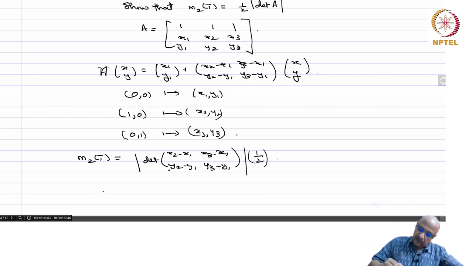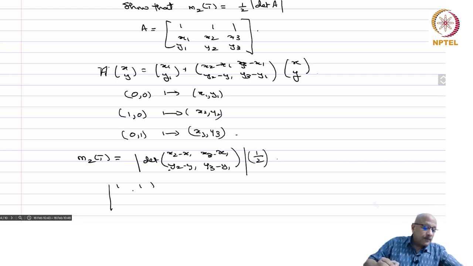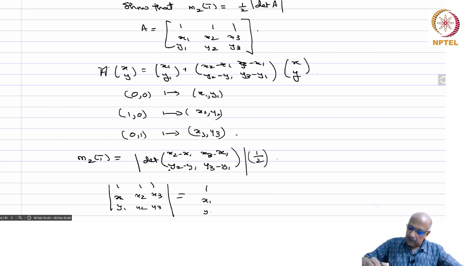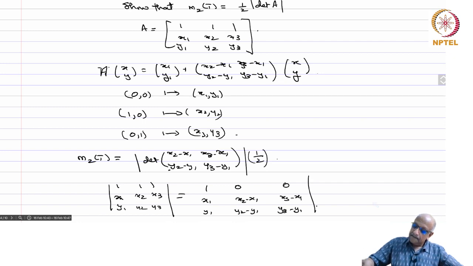But what is this? Now if you look at the determinant of the matrix with rows 1 1 1, x1 x2 x3, y1 y2 y3, this is nothing but the determinant with rows 1 x1 y1, 0 x2 minus x1 y2 minus y1, 0 x3 minus x1 y3 minus y1, and therefore hence the result. So this proves this.